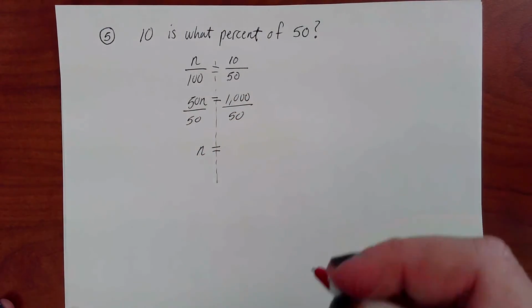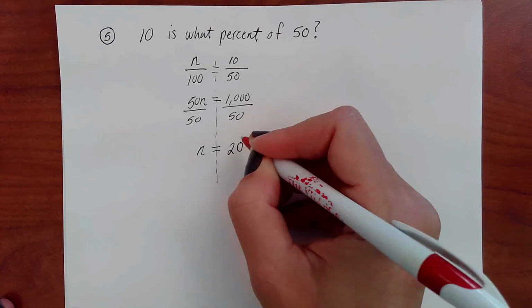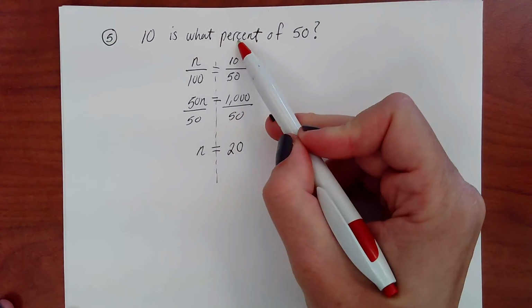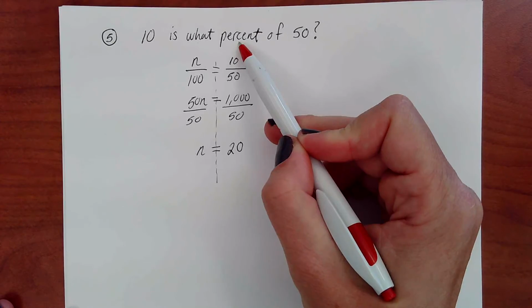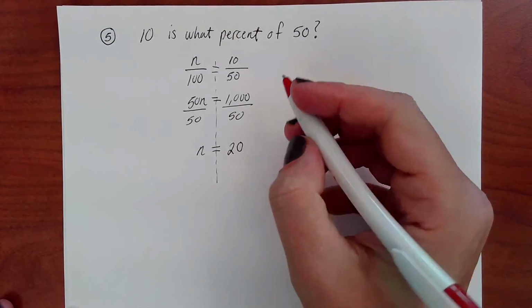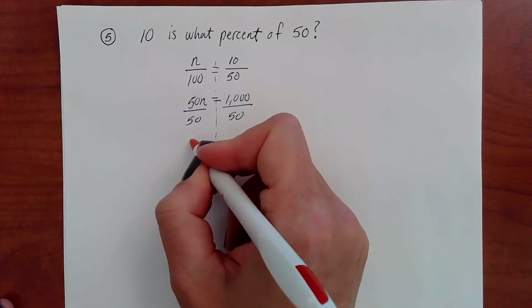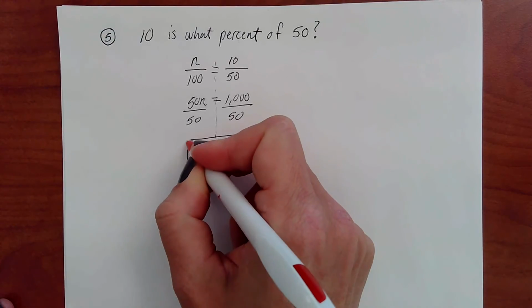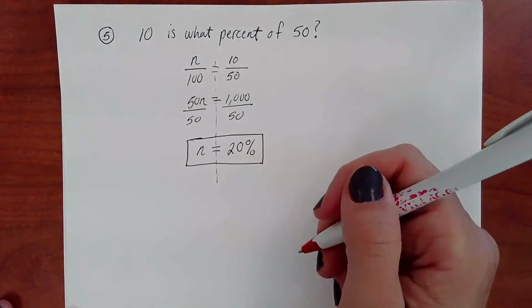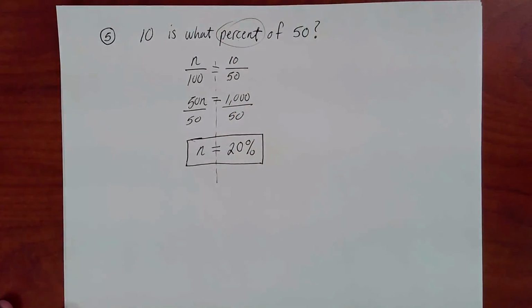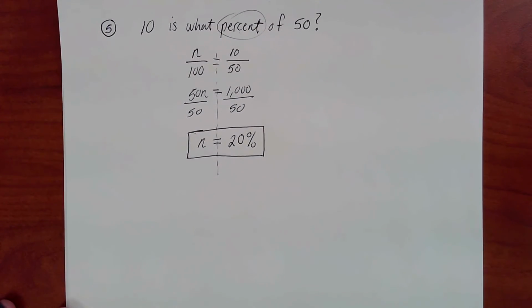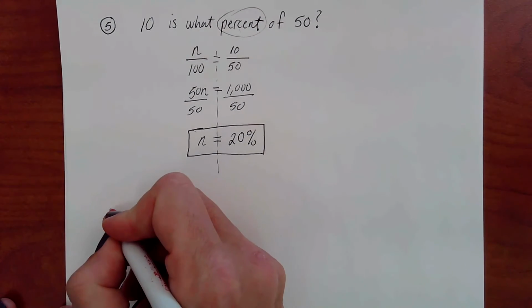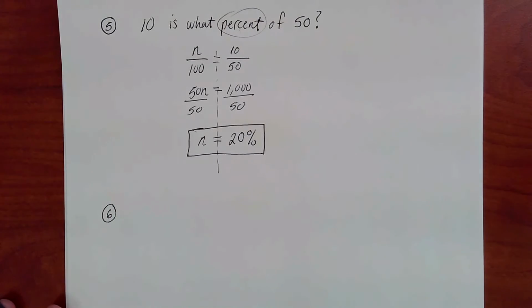And n, I'm getting 20. The only thing with this is you have to remember you were looking for a percent. So 10 is what percent? We just figured out it's 20%. So you have to remember to put the percent symbol. Maybe circle it in the problem so you don't forget at the end. But you need to find a way where you remember that.